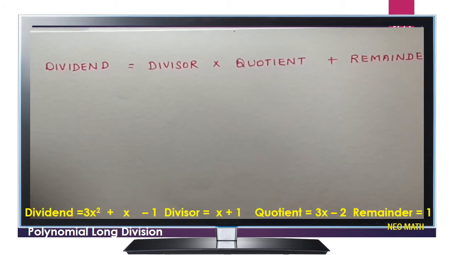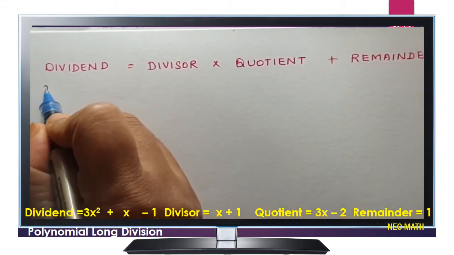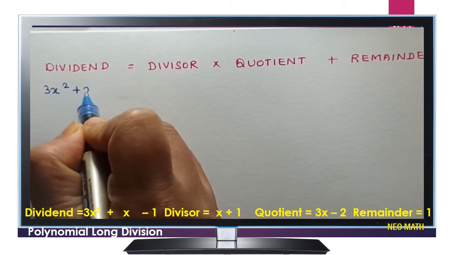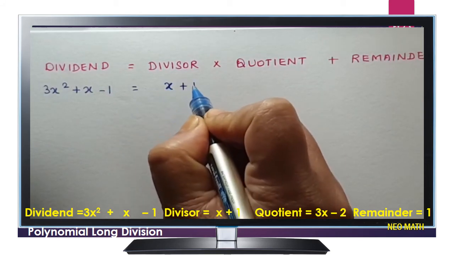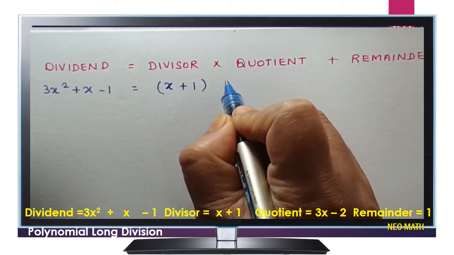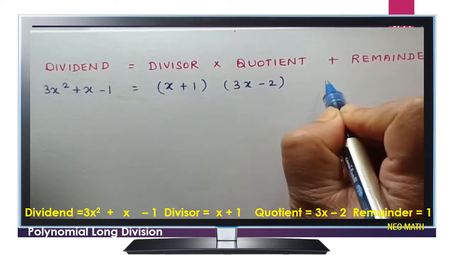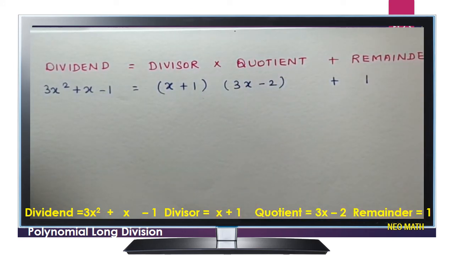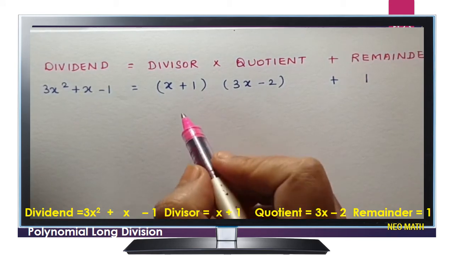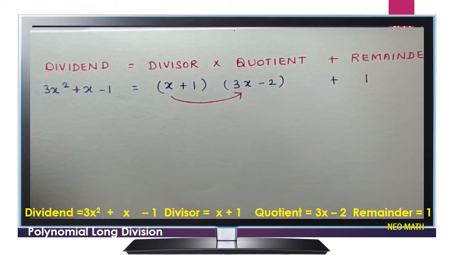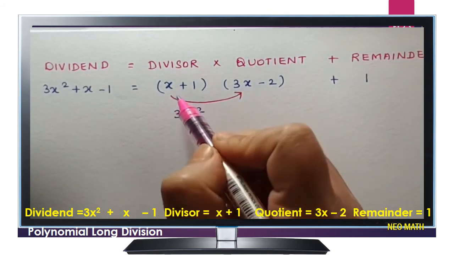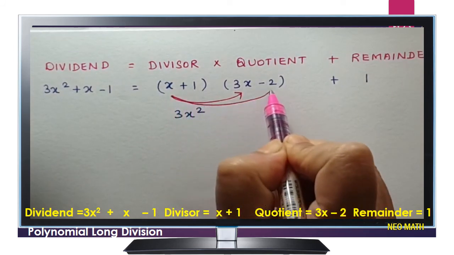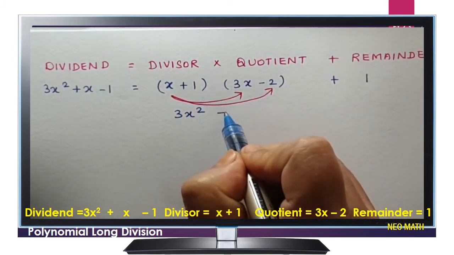We know that dividend is equal to divisor into quotient plus remainder. So dividend is 3x square plus x minus 1 and divisor is x plus 1 into quotient 3x minus 2 and remainder is 1. So x into 3x is 3x square, then x into minus 2 we get minus 2x.